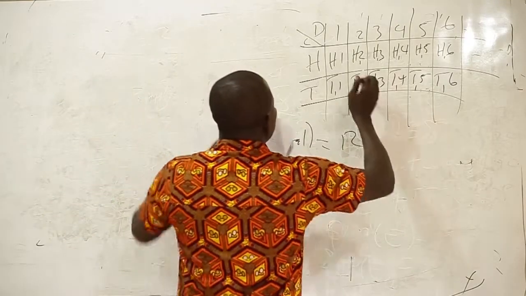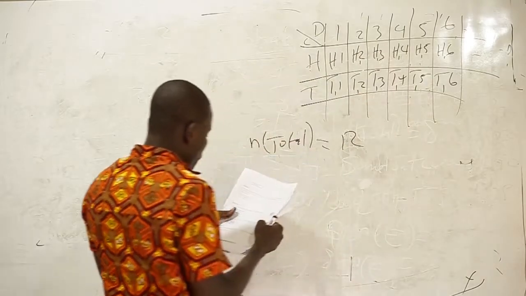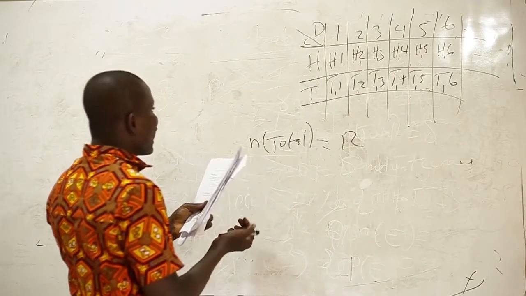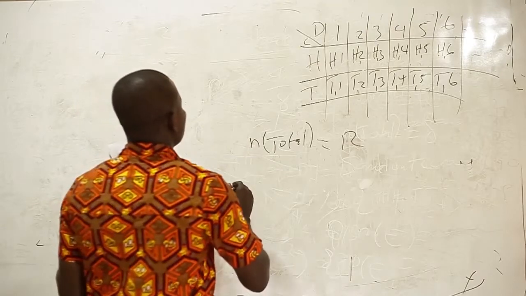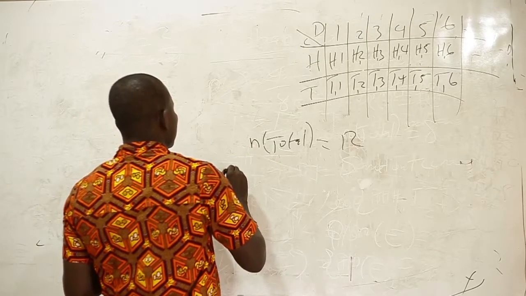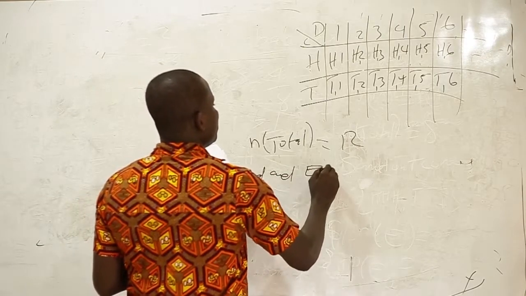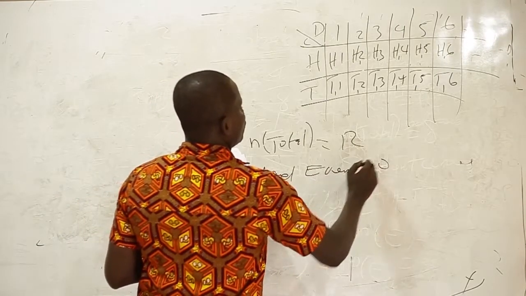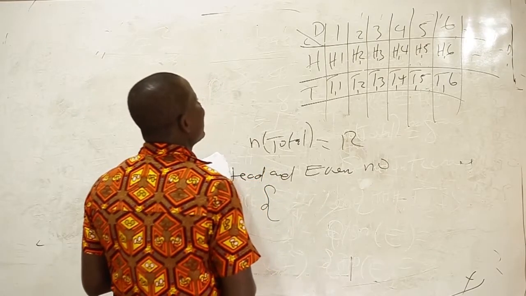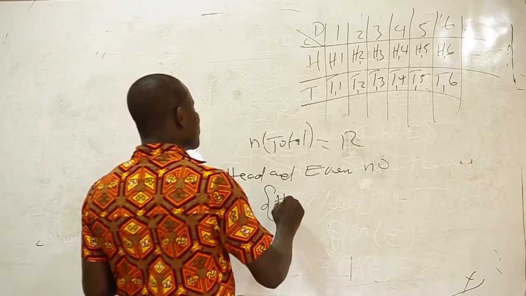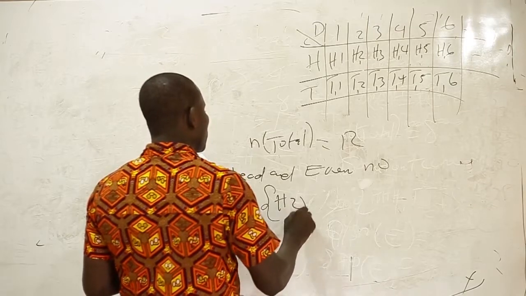Well, here is H. Here, I pick one here, like that. So probability of getting a head and an even number. So head and what? An even number. You want to get set which is having a head and an even number. We are going to have H2, okay?